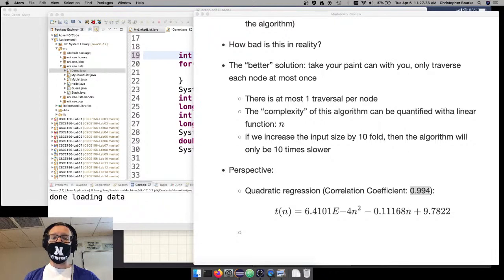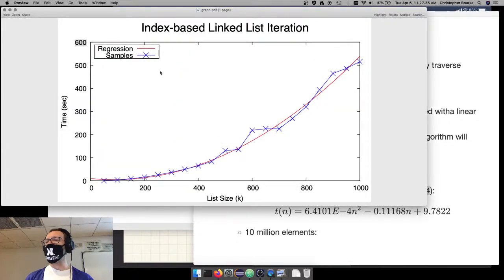So 10 million elements. Give me a time scale here. Remember that according to this graph over here, if we have 1 million elements, it took about, well, let's just bump it up to 10 minutes here. This is 600 seconds, 60 seconds in a minute, so it's about 10 minutes.